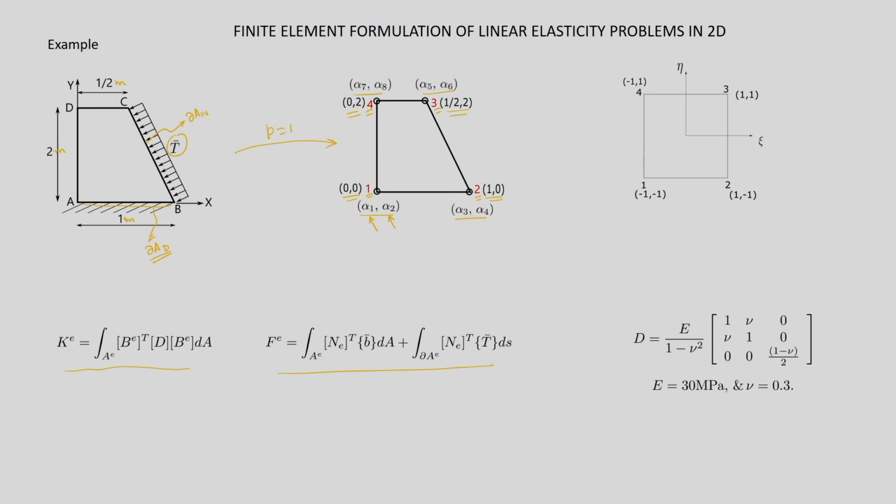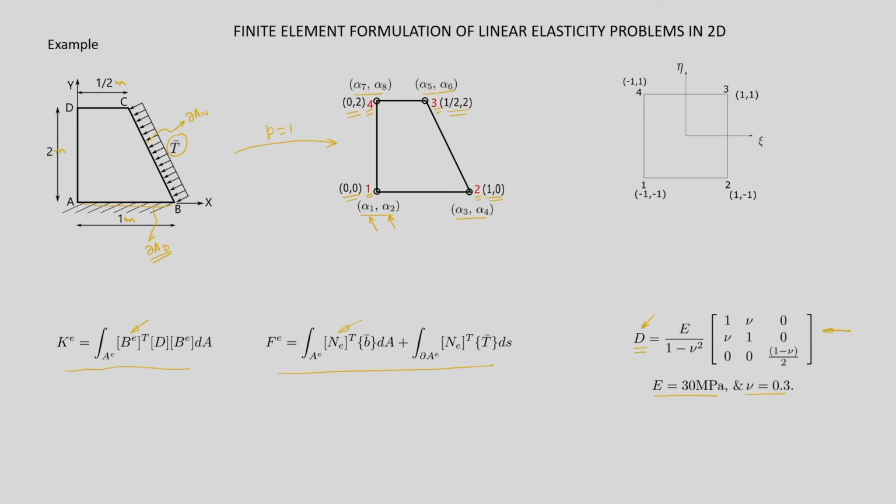In this problem we have assumed the stress strain relation like this because we have assumed this is a plane stress problem, for which we have already seen the expression for D, in which the Young's modulus and the Poisson's ratio are to be inserted to get the value of D. Now, if I look at the expression for Ke, I need to have the value of Be, that is the strain displacement matrix, and if I look at the element force vector, I need to know the expression for Ne.